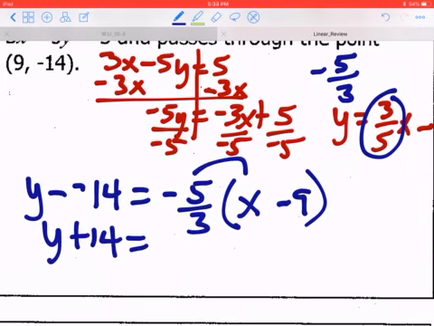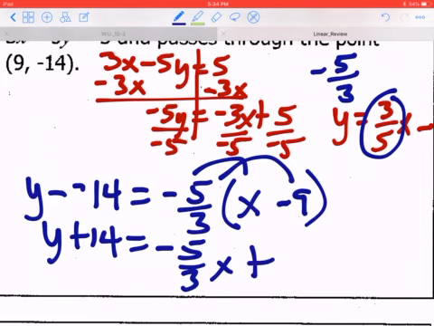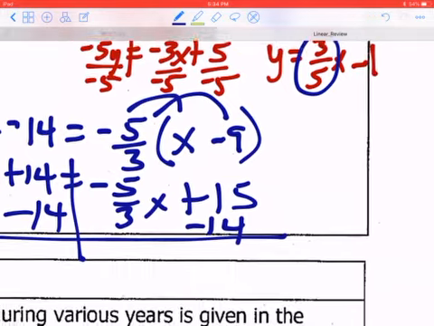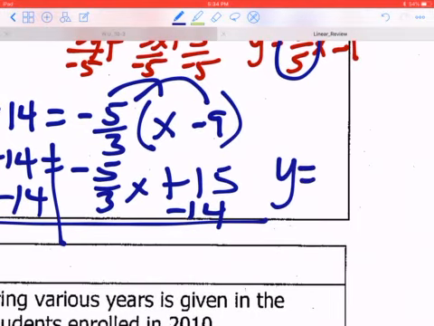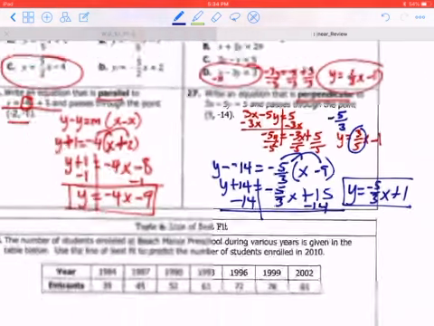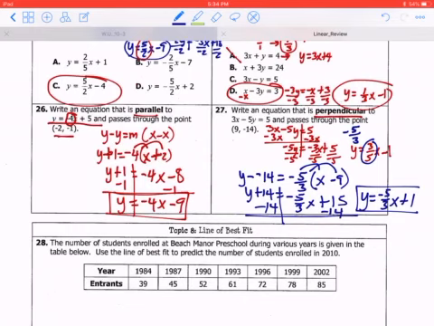We distribute this, we get negative 5/3 x. We distribute this, that's going to be positive 15. We subtract the 14 to finish this off, and we get y equals negative 5/3 x plus 1. So again, it kind of goes fast, but rewind it and watch it again. Watch every step that you need.